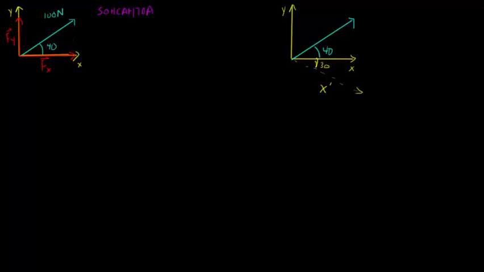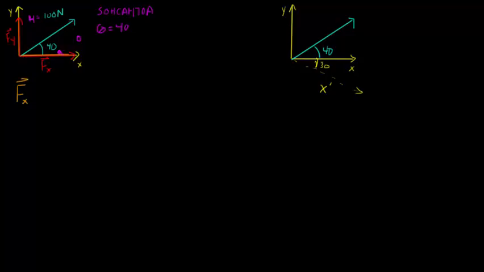With this Sohcahtoa method, we know that theta is going to be equal to 40. We know this is going to be our adjacent side, so let me just write a little a. This is going to be our opposite side, and our hypotenuse is going to be equal to 100 newtons. So if we substitute in what we're given with Sohcahtoa, first let's say we're going to find f of x.